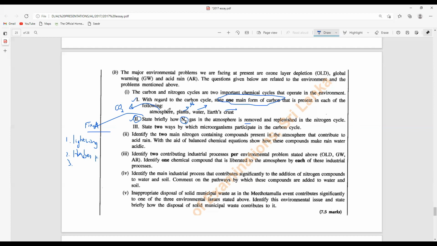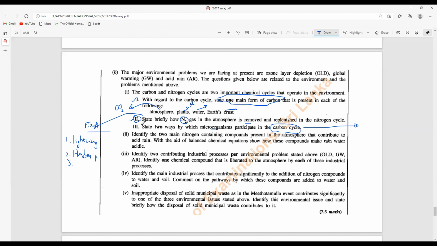We gave an example for the carbon, these plants, this starch and all those things after death have some carbon amounts. So basically these microorganisms undergo respiration, aerobic or anaerobic respiration, with these carbon compounds, right? So state two ways means, what are the two ways?